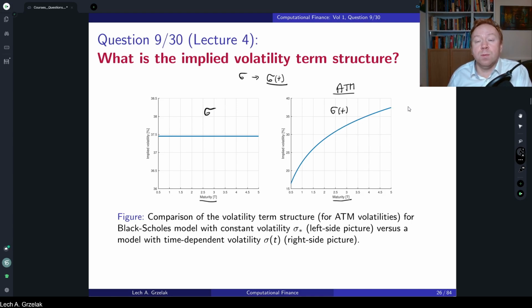That's the definition of the implied volatility term structure. And be aware that if we add time dependence in the Black-Scholes case, that will not generate an implied volatility smile or skew. You still have a Black-Scholes model with no implied volatility smile or skew, but you have only a term structure that only allows you to calibrate to at-the-money options.